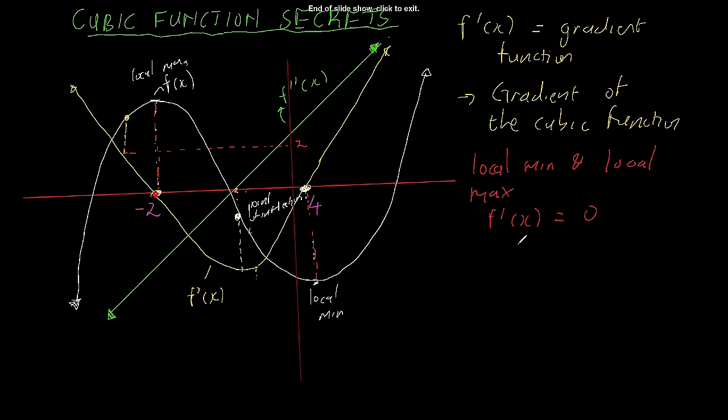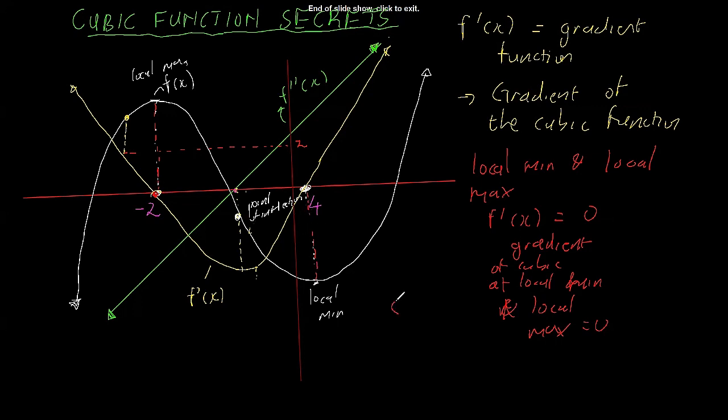So that means the gradient of the cubic function at local min and local max is equal to what? 0.